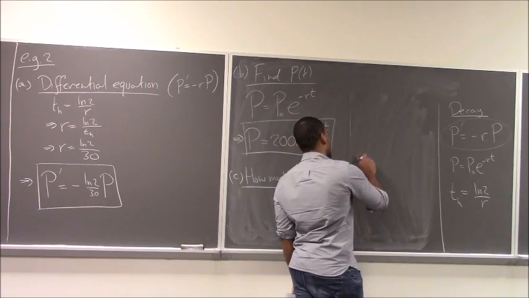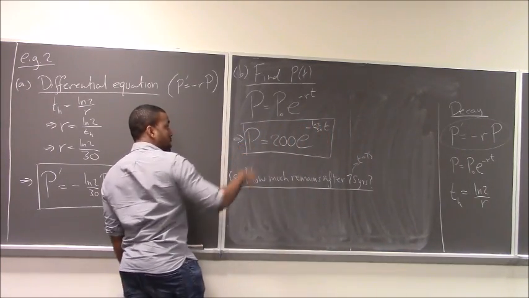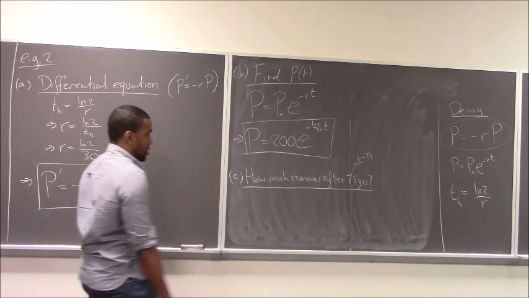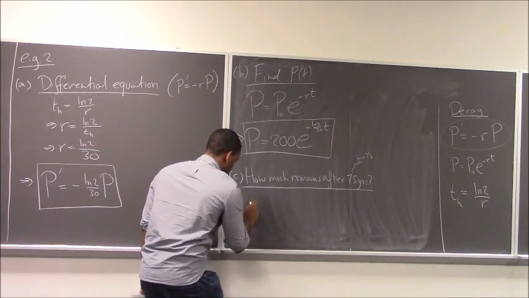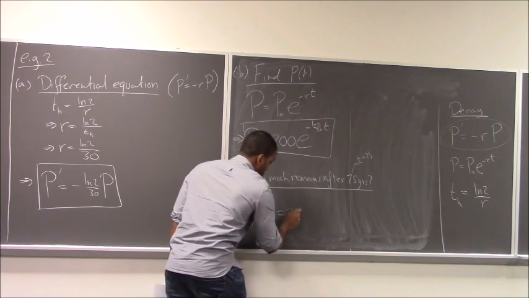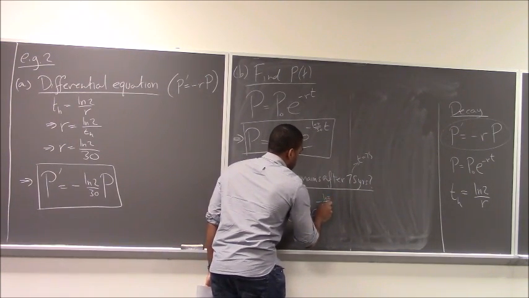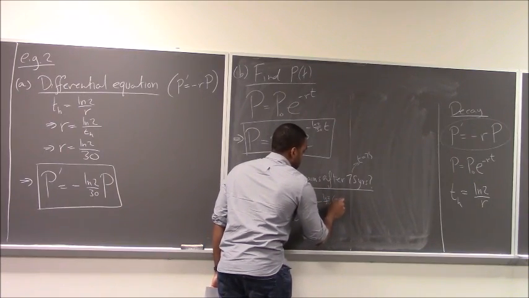It just tells you t equals 75. And so this is how much remains after t years, so I just plug in t equals 75 into that. So this is just P of 75. There's going to be 200 e to the minus ln2 over 30 times 75.